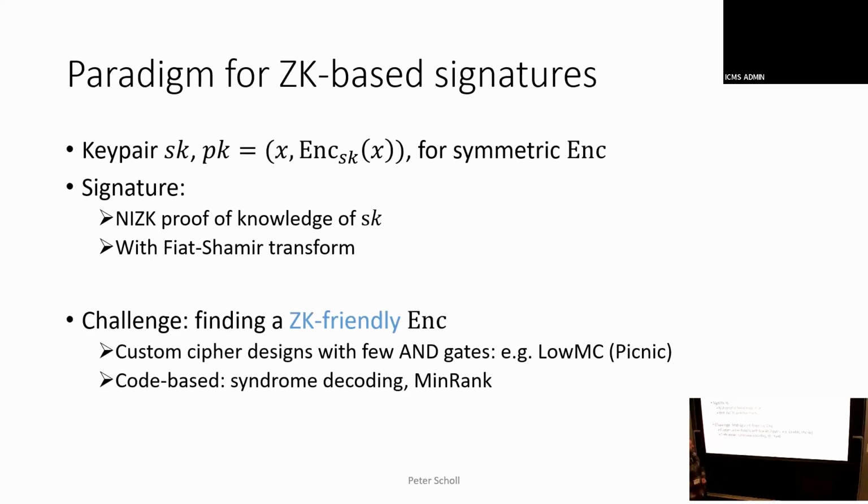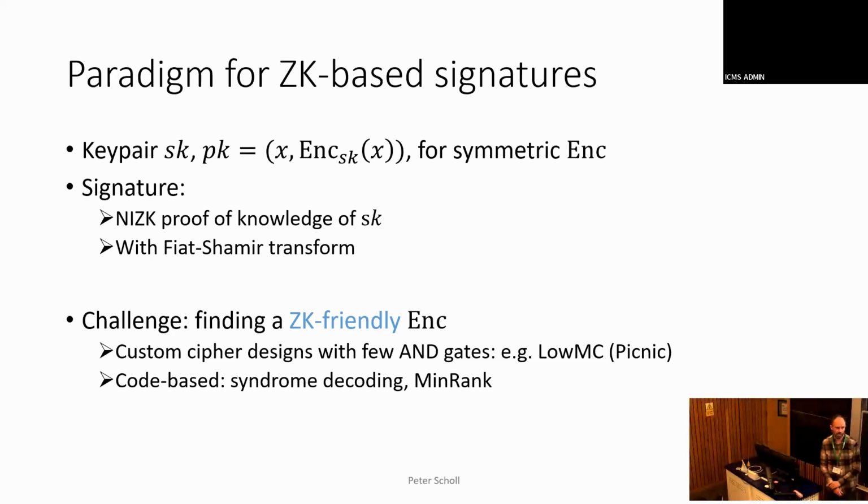So then the question becomes, how do we instantiate this encryption scheme in a way that is nice to prove in zero knowledge? So it doesn't have a really complicated circuit, and it works well with the good proof systems that we know. In the past, there have been many based on custom block ciphers, like Picnic, which used the LowMC cipher, designed to have low circuit depth and be good for multi-party computation and zero knowledge.